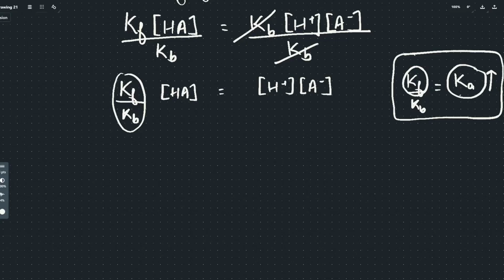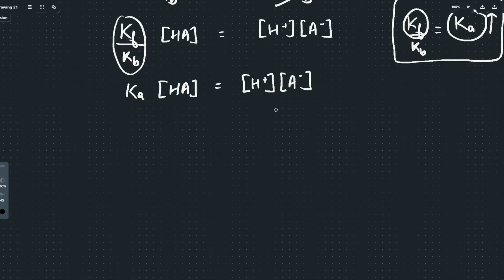But anyhow, we can substitute it here. We can write it Ka into HA, then H positive and A negative. Now here again we can divide by A negative. Why are we dividing by A negative? Because we want the value of H positive, and in this way we can get it. Let me show you how.